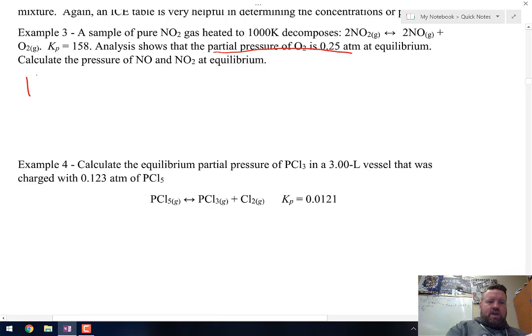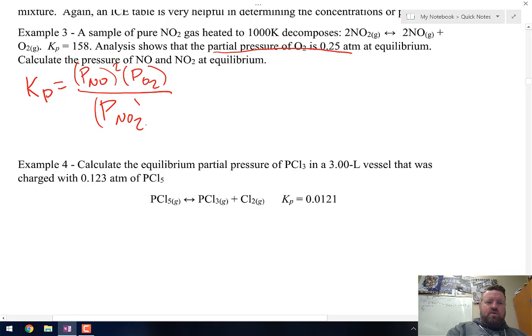So we know that Kp is going to equal the concentration of the products. So it's going to be the pressure of NO squared times the pressure of O2 over the pressure of NO2, which is also going to be squared.